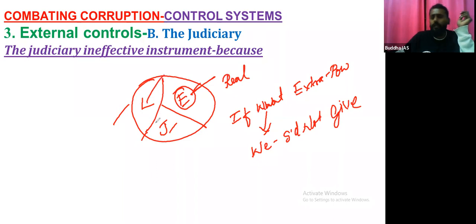Legislature does not have the money, judiciary does not have the money. It is the executive who has the real power. So, if we give a little more extra power to the judiciary, or to the legislature, it won't affect much. But if you give extra power to the executive, then there will be more corruption.